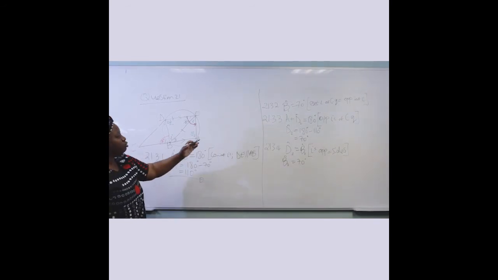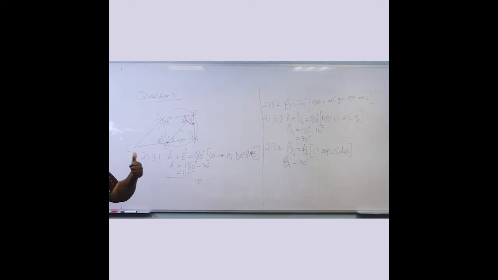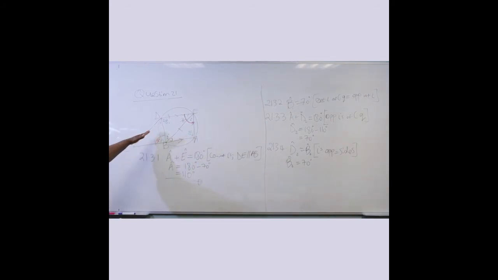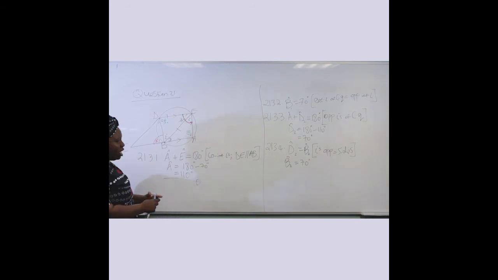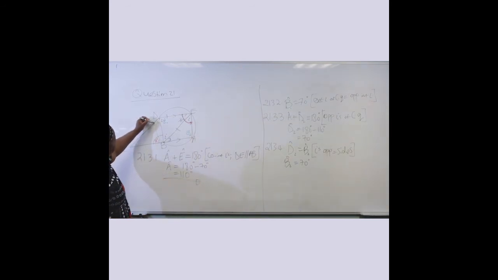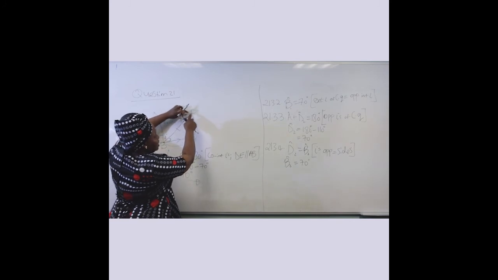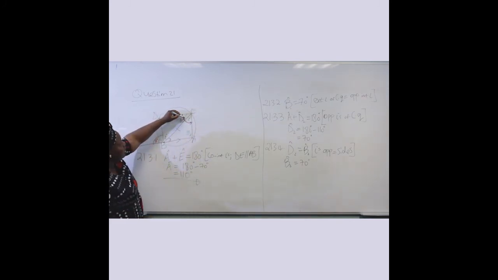If you forgot how to do it, you will go back and say, what did I use? Parallel lines, yes I did. Opposite angles of a cyclic quad, yes I did. Did I use the fact that I was given a tangent? No. Then the tangent needs to be used. So it means that you look at the angle between the tangent, which is CD, and the chord, which is DB, must be equal to the angle that is subtended by the same chord on the alternate segment, which is E1.